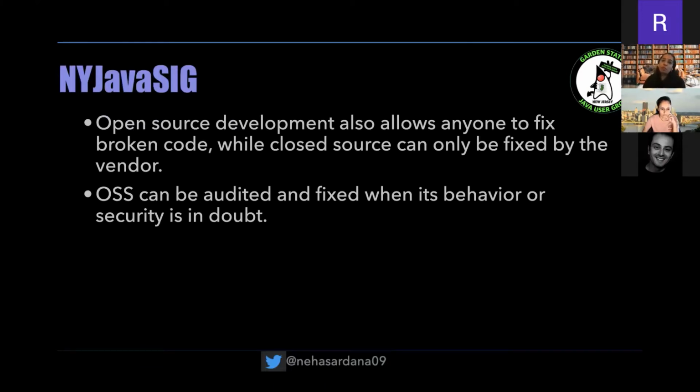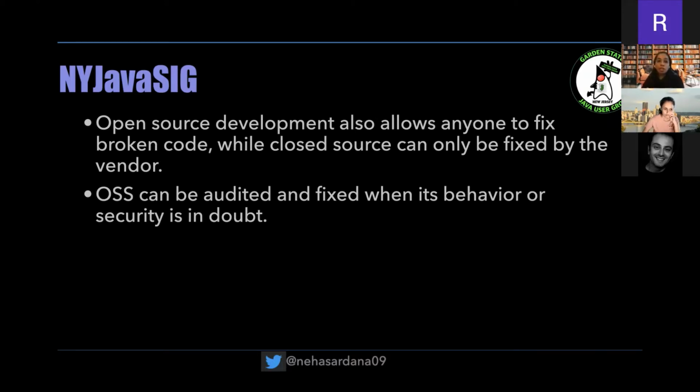Open source software development also allows anyone to fix broken code, while closed source can only be fixed by the vendor. This one difference is actually very important, because a lot of times, let's say you are using a closed source software and you found a bug, you cannot fix the bug because the fix has to be done by the vendor itself. So you have to push them to do it, but there's no deadline. It causes a lot of trouble.